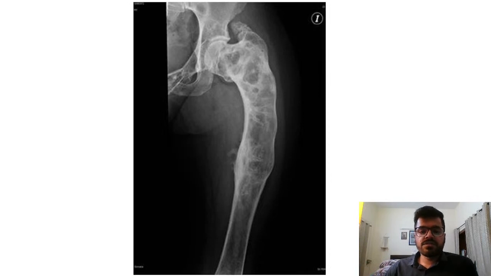This is the shepherd's crook appearance. It occurred due to multiple fractures and healing, leading to change in the shape of the proximal femur, just like a shepherd's crook. This is typical of fibrous dysplasia.